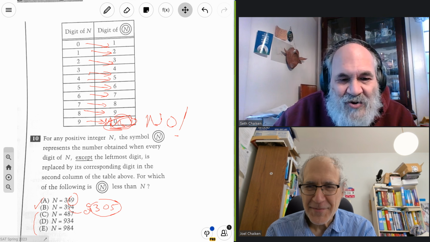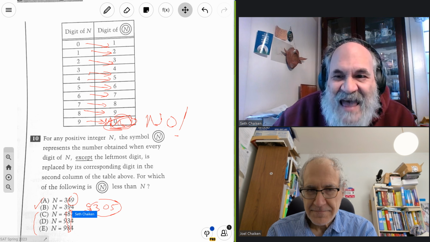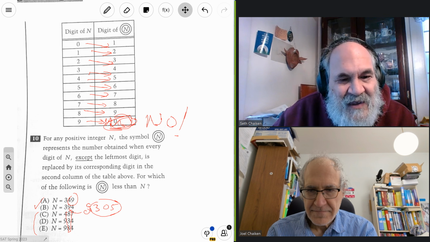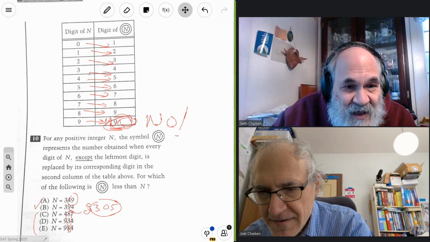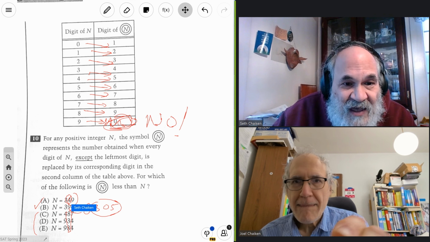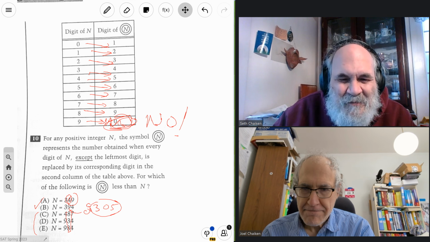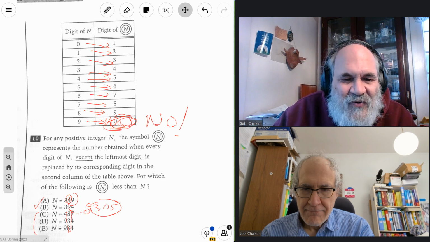Okay, and notice, in none of the other choices is the next to highest order digit equal to 9. The leftmost digit in fact doesn't matter. All of the numbers, if you look at the next to highest digit, are less than 9 except for choice B. Right.